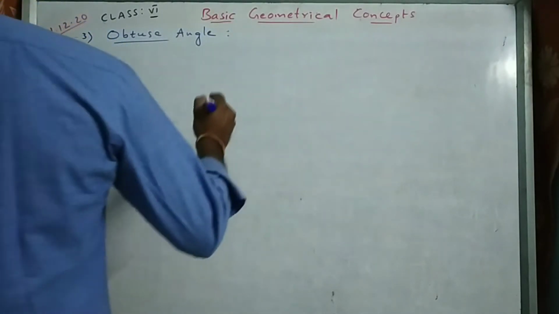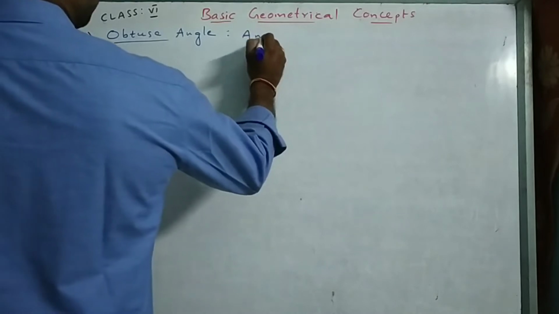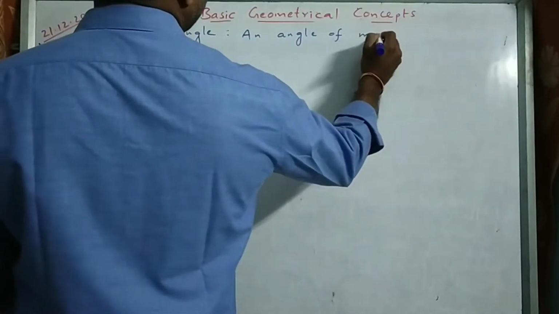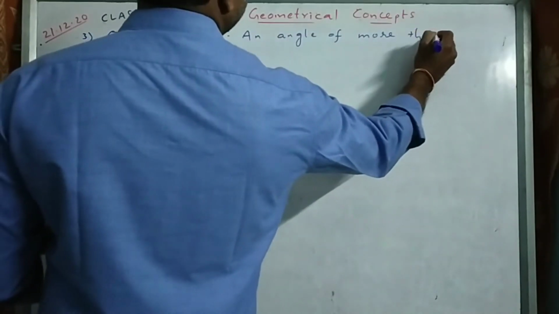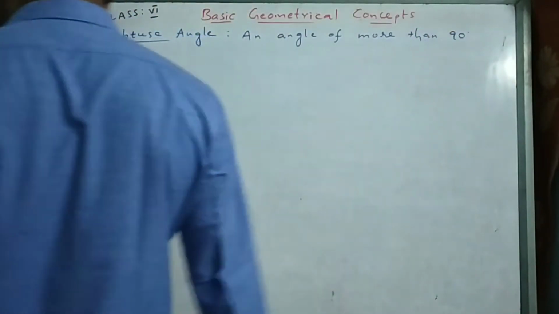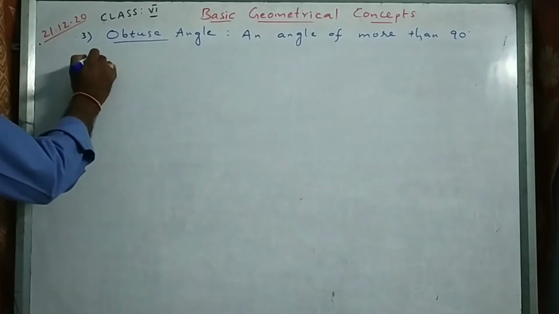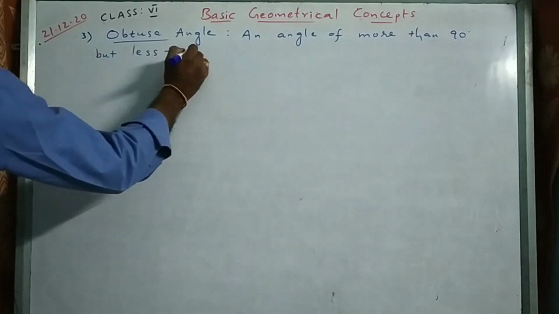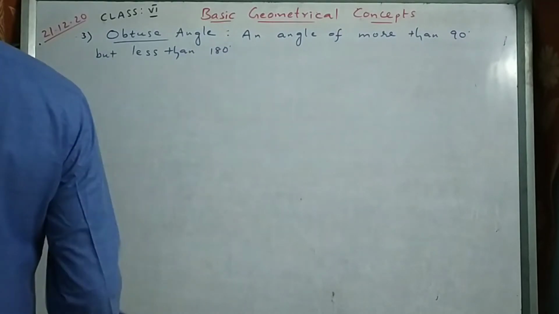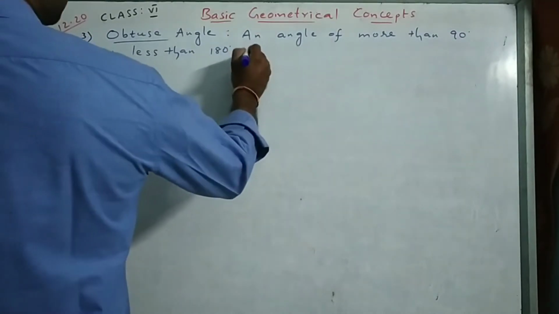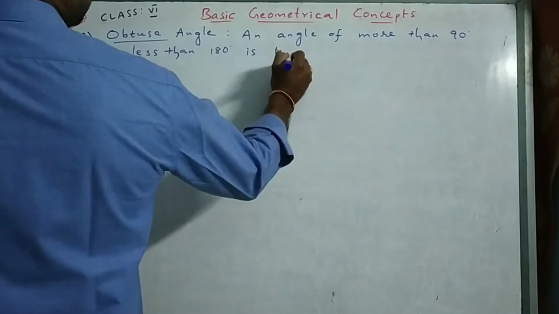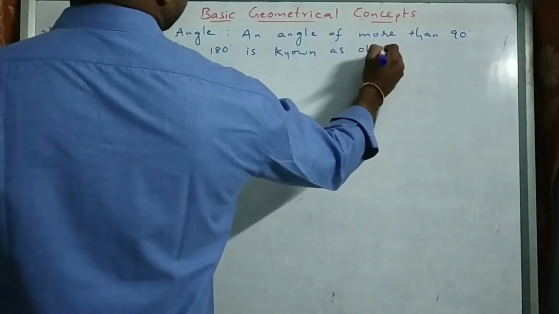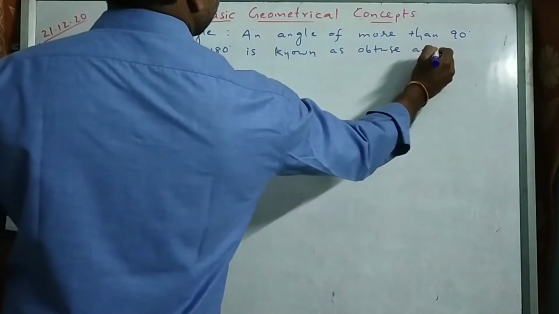An angle of more than 90 degrees but less than 180 degrees is known as an obtuse angle.